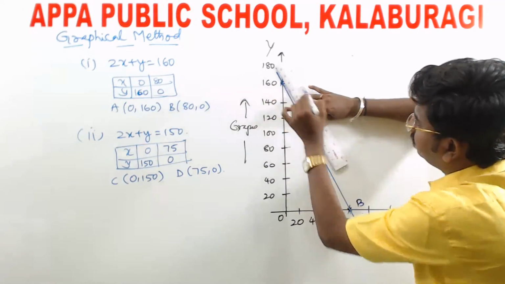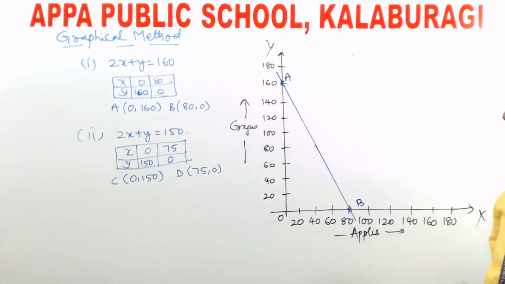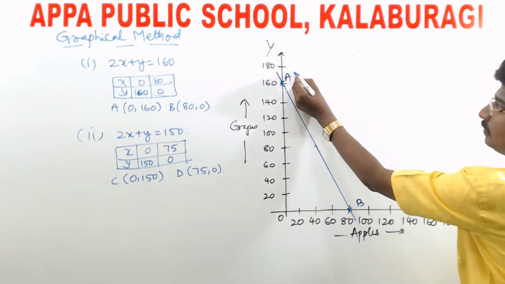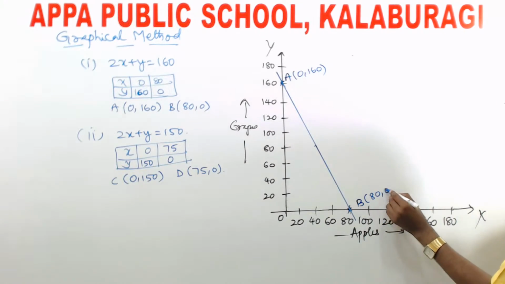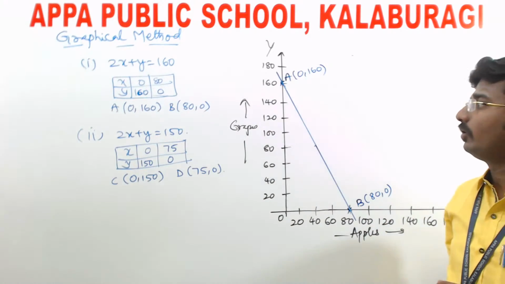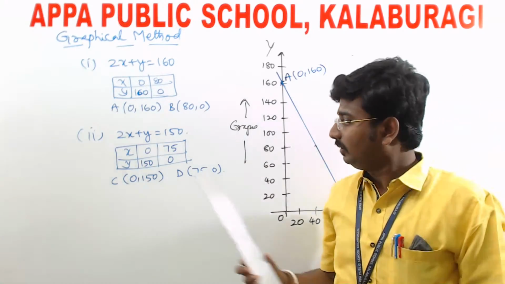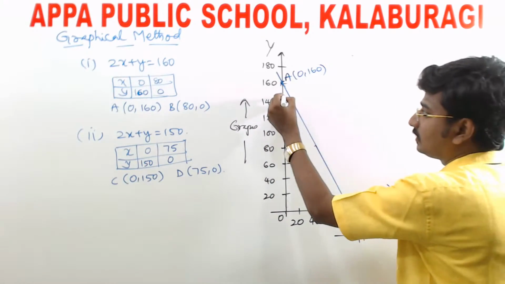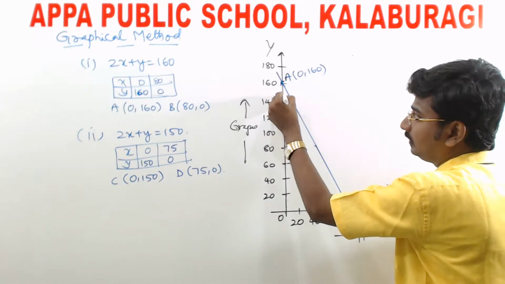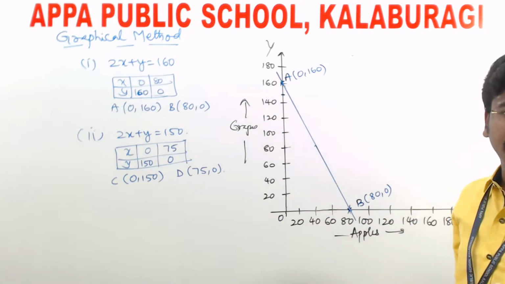So let me join AB. This is AB. Later I will write the points, or if you want you can write now: (0, 160), (80, 0). This is point A and B. Coming to next, (0, 150) means somewhere here. Be careful, this is the 150 midpoint.